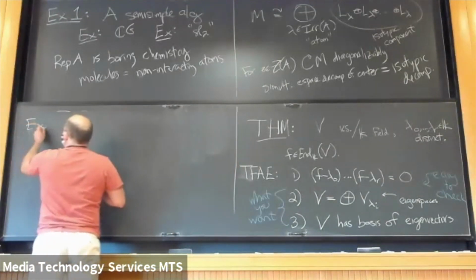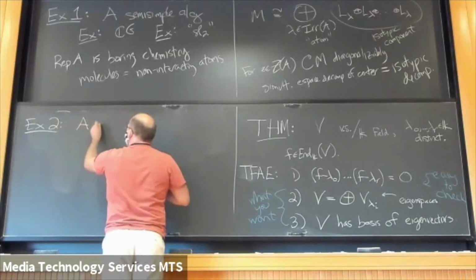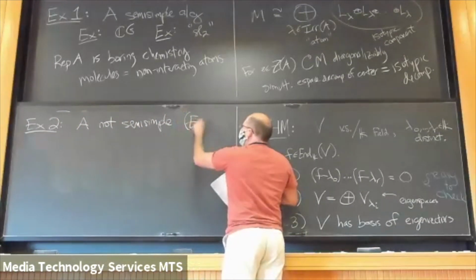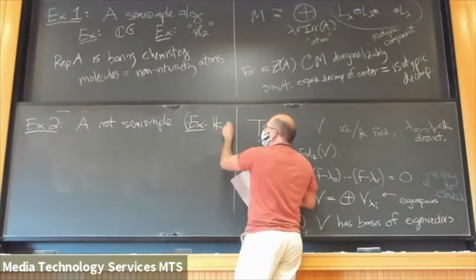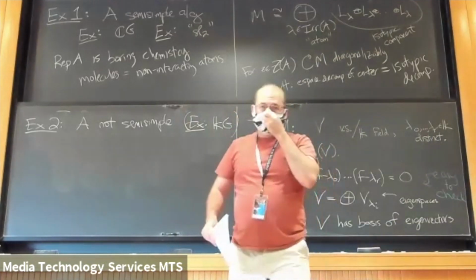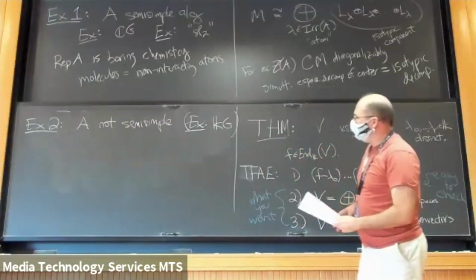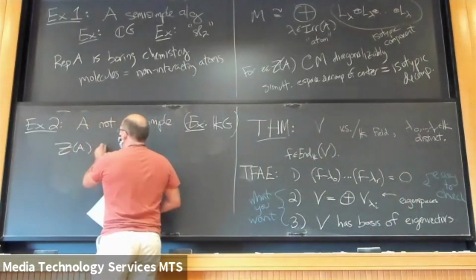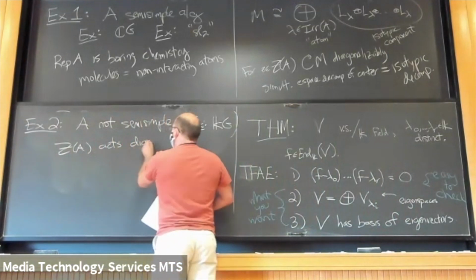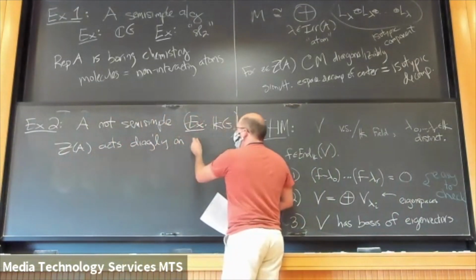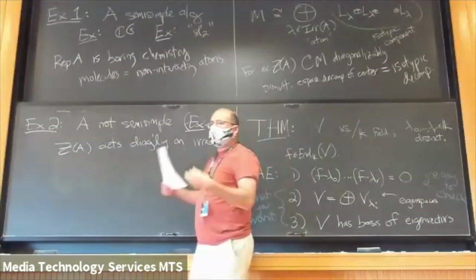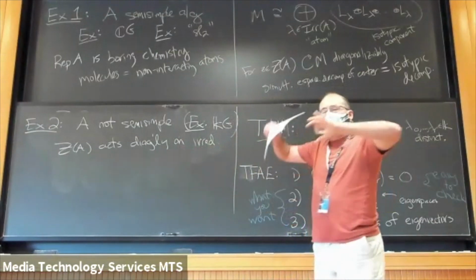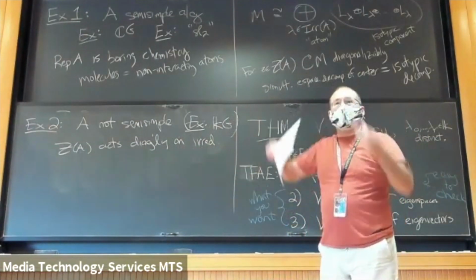So, if A is not semi-simple, like for instance, if you take a group algebra of a group in finite characteristic, this is one of the major topics of this special year, then it's still true at least that the center of A acts diagonalizably on any irreducible object. And so the different eigenvalues of the center will split the irreducibles into different blocks that can interact.